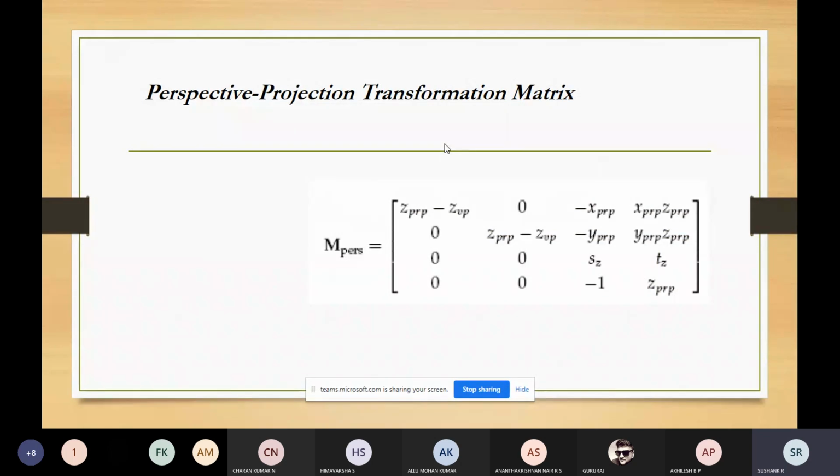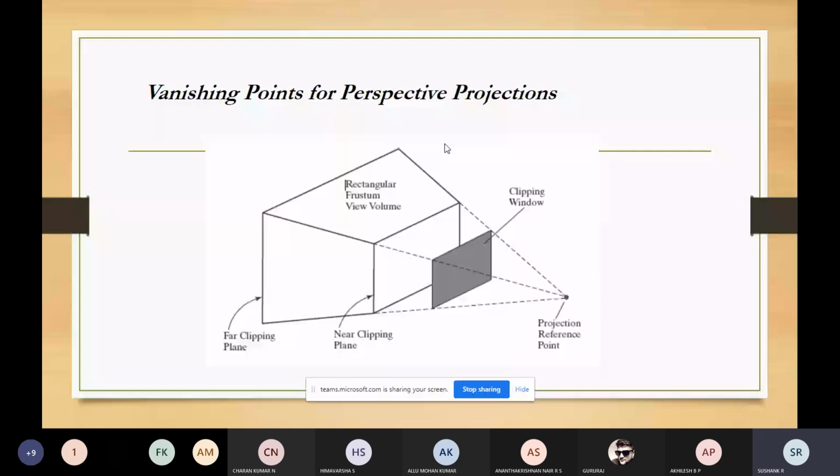So that the transformed coordinates will correspond to an oblique parallel projection. This will occur when the view volume is not symmetric. We have seen this frustum view volume can have any orientation, any kind of rotation, any value of rotation.